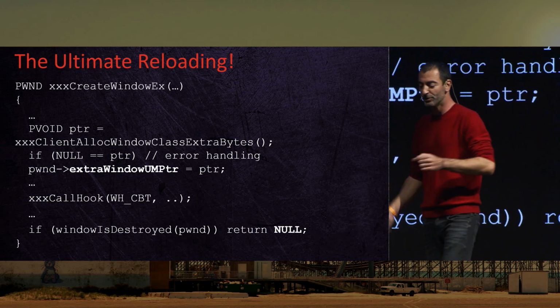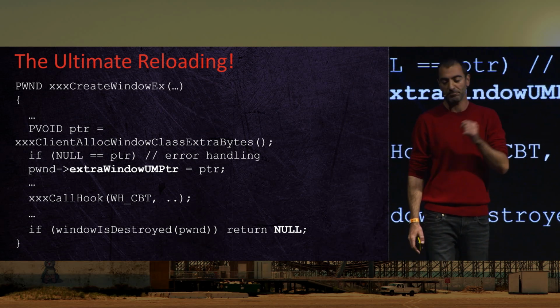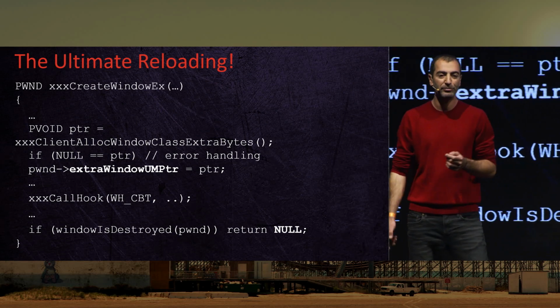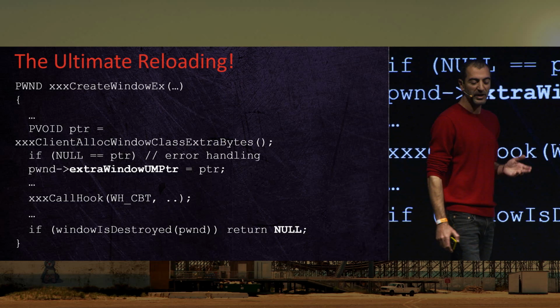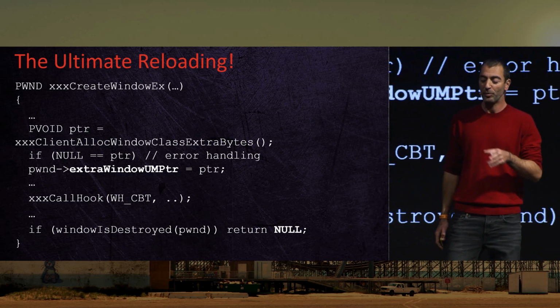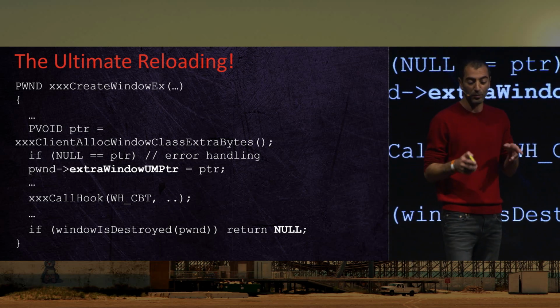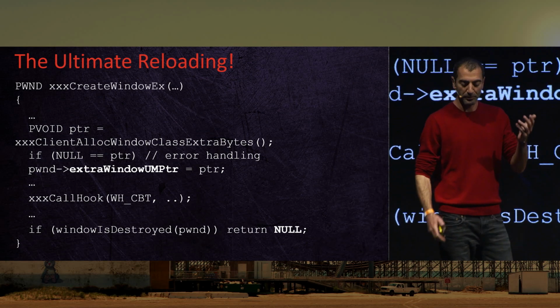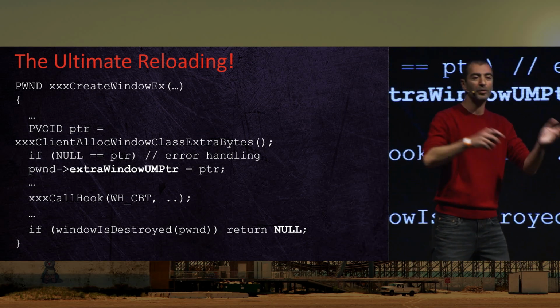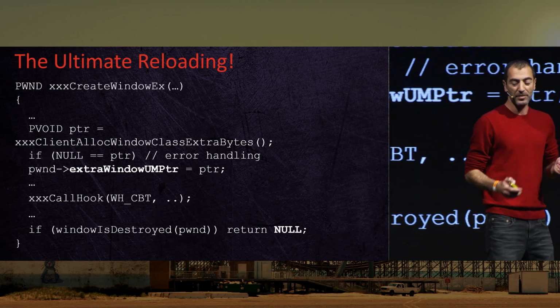So everything is synchronous. Okay, so I found that whenever I create a window from user mode, I can give some extra window bytes. Doesn't matter what it does for now. But the point is they take some pointer from user mode, and once they see that they need to, they allocated something, and they want in the destruction to free it, okay?